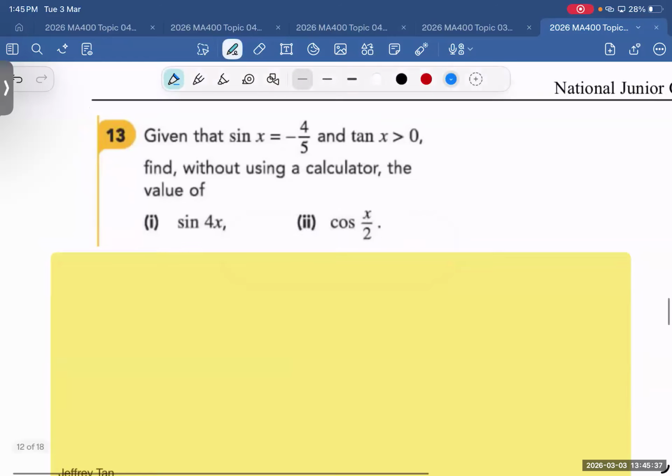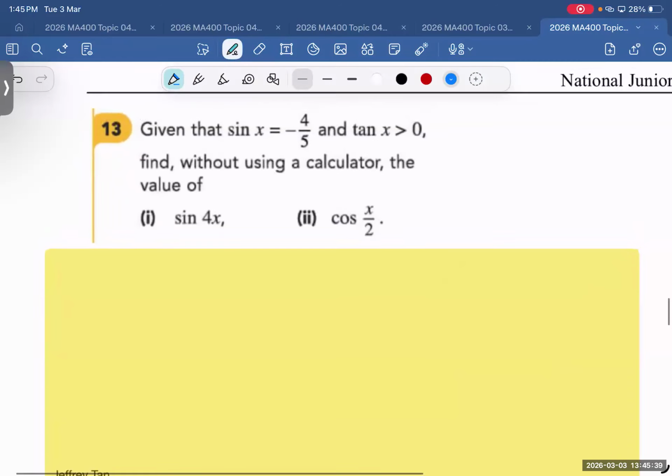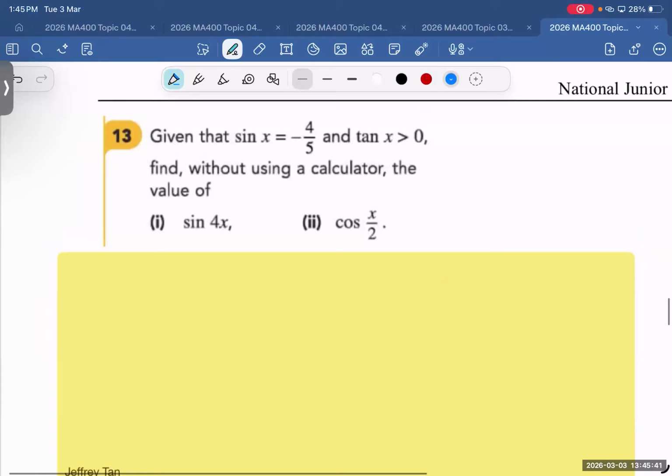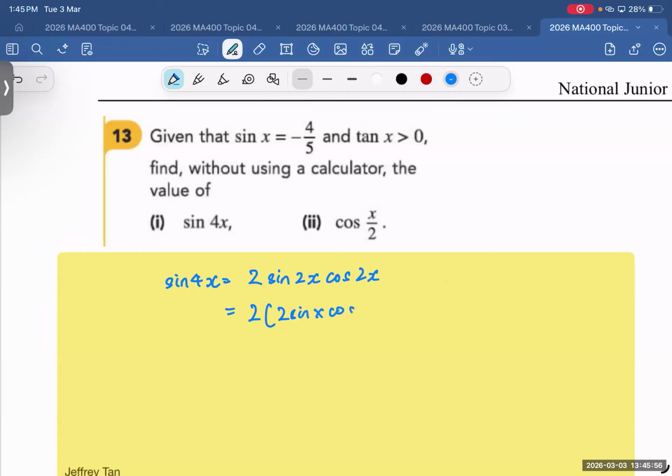So sine 4x, right? I can say it's 2 sine 2x cos 2x. Can I say that it is 2 sine x cos x, bracket of 2 cos square x minus 1?